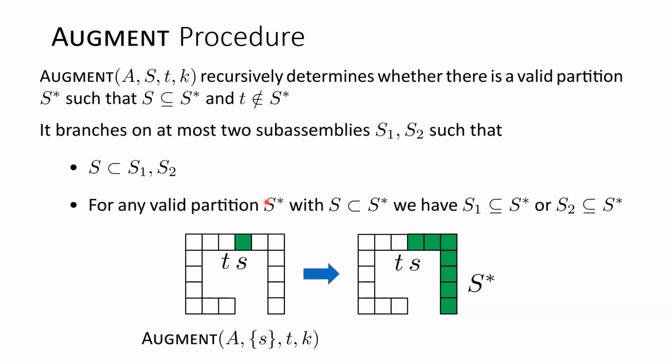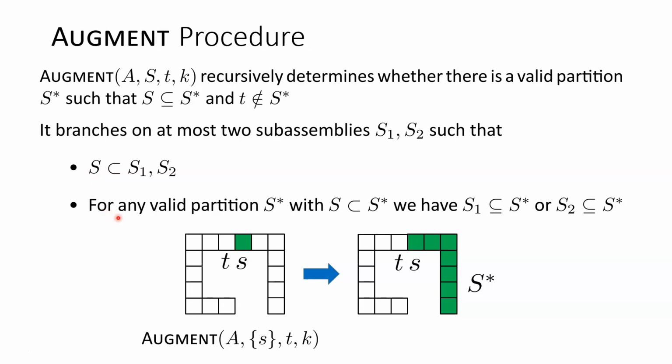And the way augment works is by branching at each call on at most two subassemblies S1 and S2. Each of these subassemblies properly contains S, so that is, at each step it must augment the set S, which is already assumed to be in the partition.